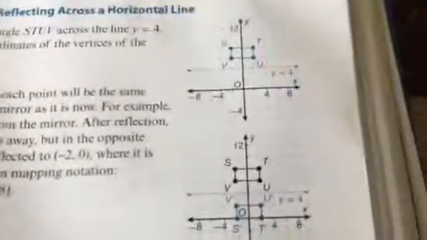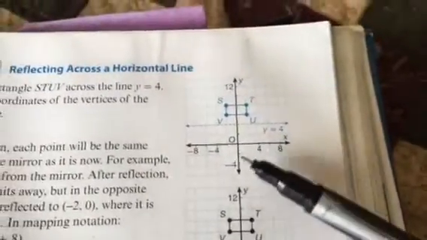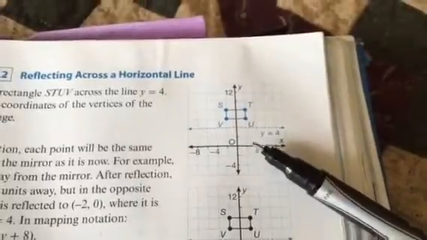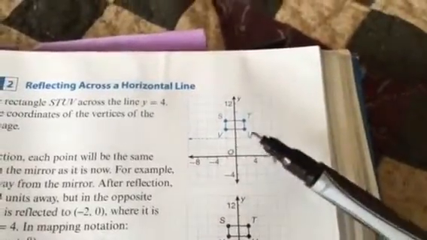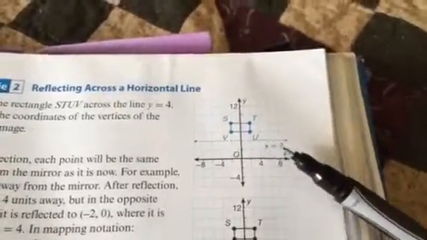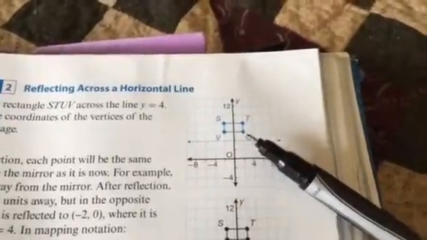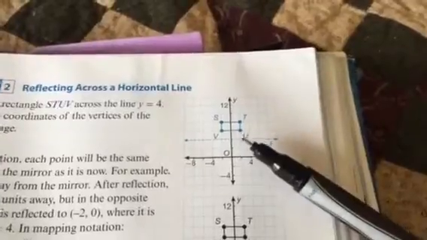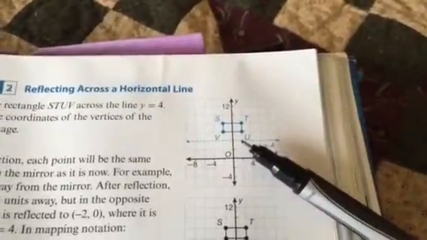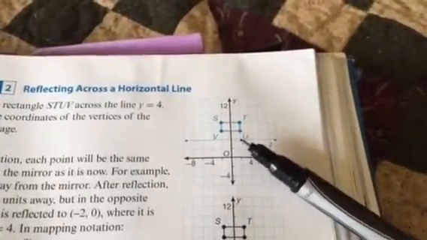So let's look up at the example in the book. Here we have u being over 2 and up 6. Now we can see that they want to reflect upon y equals 4. Well, how far away is (2, 6) from y equals 4? It is 1 square, or 2 points.